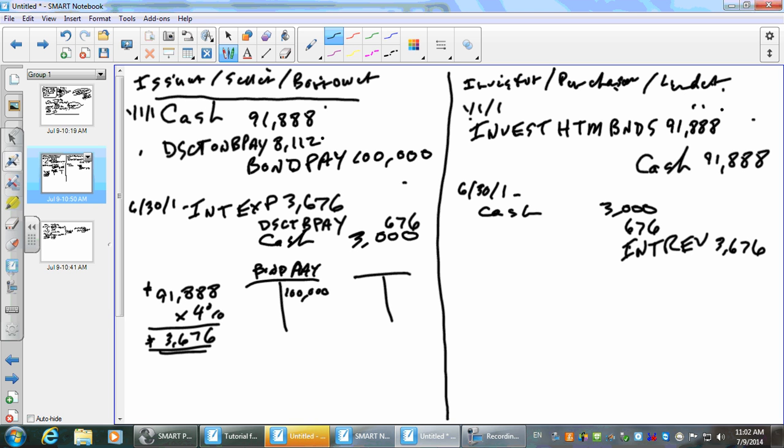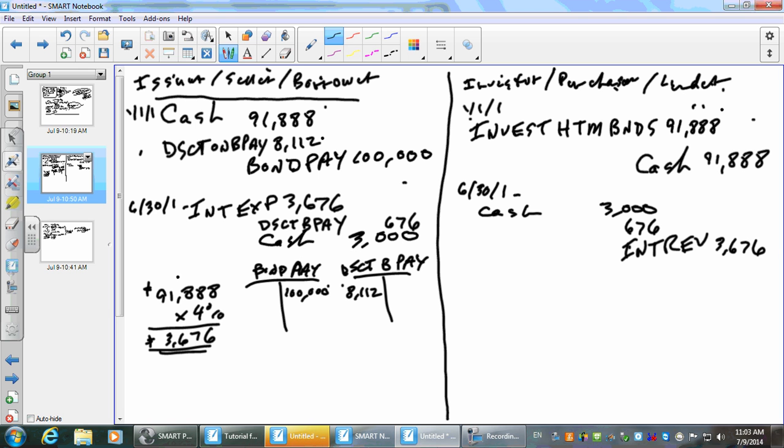I have discount on bonds payable with 8,112 in it. Everybody agree? What's the difference between those two? Of course, it's the 91,888 carrying value of the bond. On my balance sheet, I'm going to show a bond of 100,000 in my long-term liabilities, and then a discount on bonds payable of 8,112. And the difference is going to be the carrying value of 91,888, right? Because you were right, that is a contra liability.